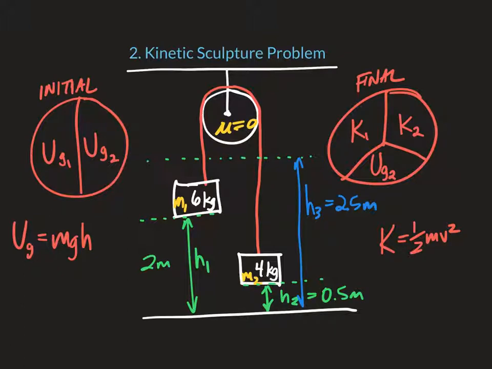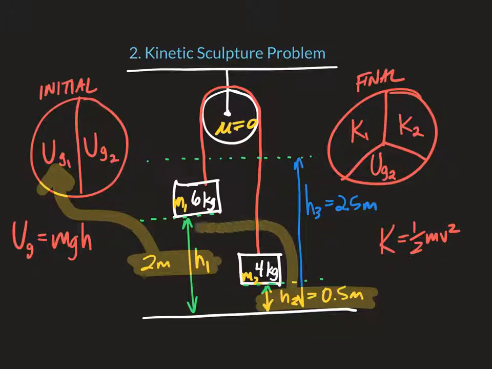So the trick now, though, is this height here is associated with UG1. This height here is associated with UG2.